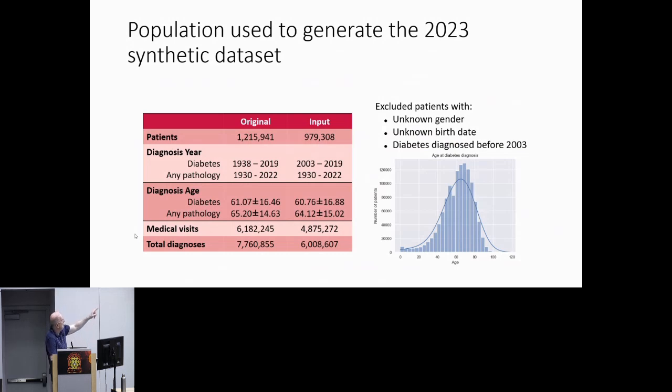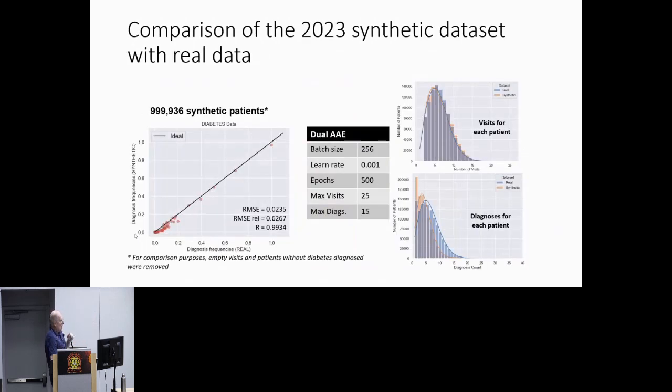This is the distribution of data that we have after this cleansing. So at the end, the input is a little bit less than 1 million patients, with around 4.8 million medical visits and 6 million total diagnoses that we used to train the model.